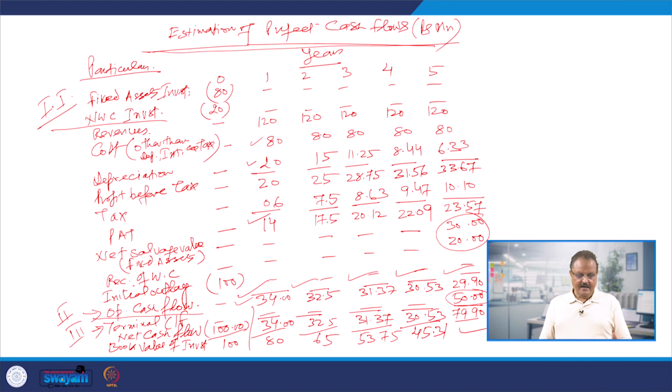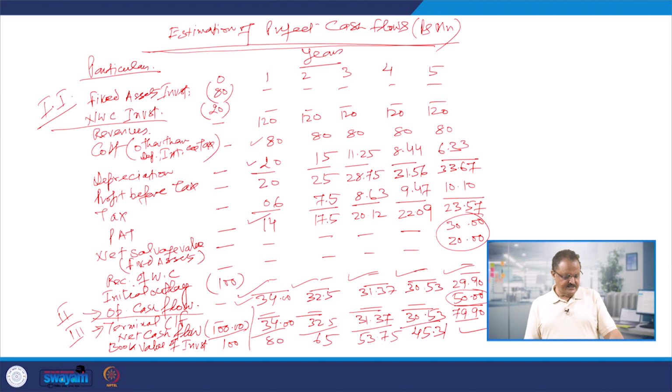Over the years, after having revenue and paying all the expenses, our operating cash flow would be this much, and then adjusting for the terminal cash inflow, the final net cash flow would be this much, and the net picture of the cash outflow and inflow would be this much.